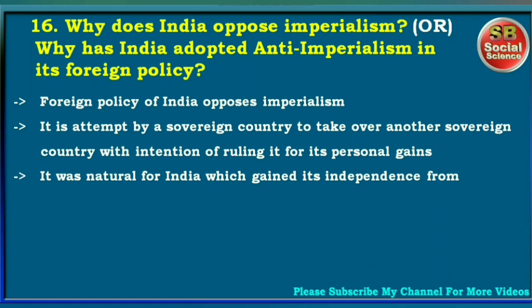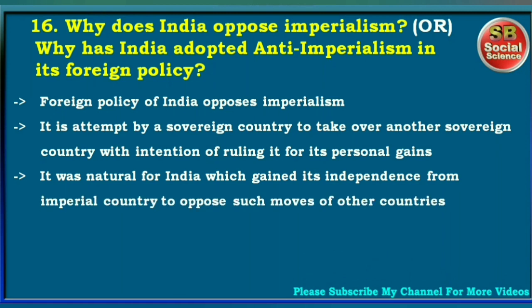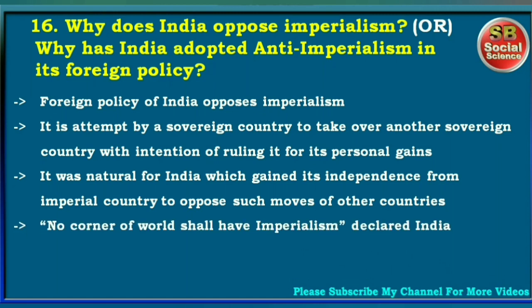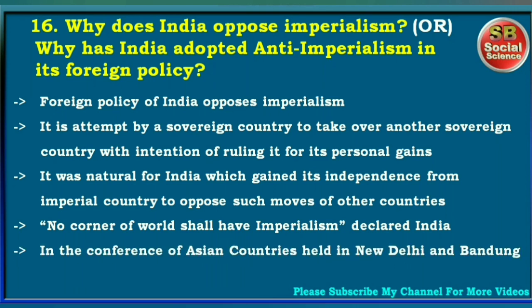Then it was natural for India, which gained its independence from an imperial country, to oppose such moves of other countries, and India declared that no corner of the world shall have imperialism, in the conferences of Asian countries held in New Delhi and Bandung.